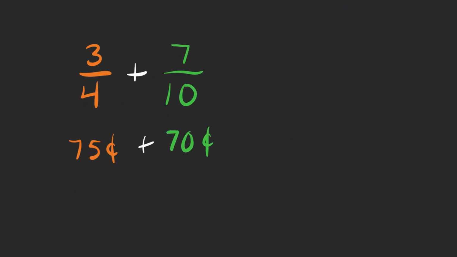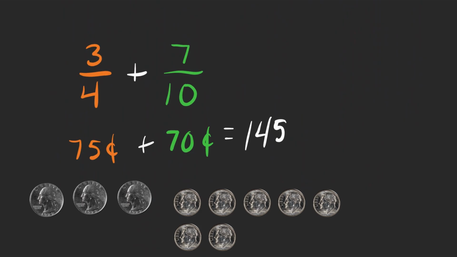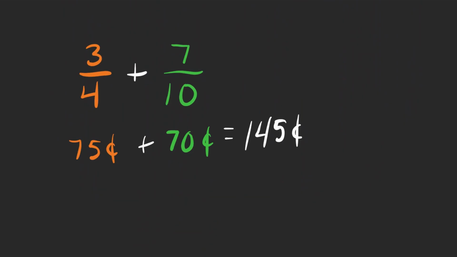Okay, then we put this all together, and you'll notice that something's happening here, that we get 145 cents. Wait a minute, DJ, that's over 100. Yeah, that's okay. So we have 145 over 100.